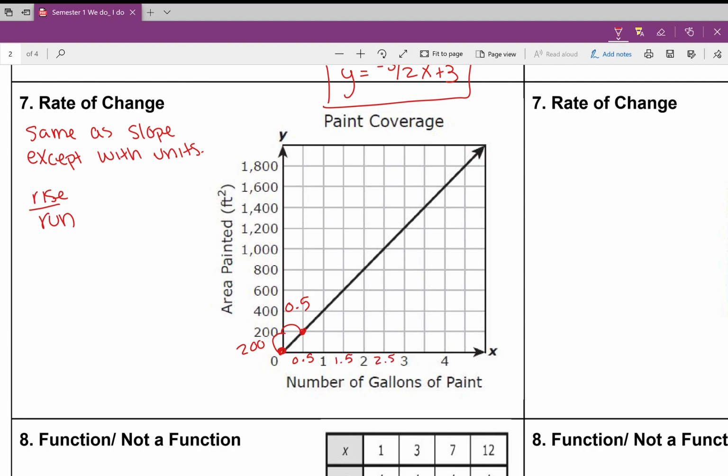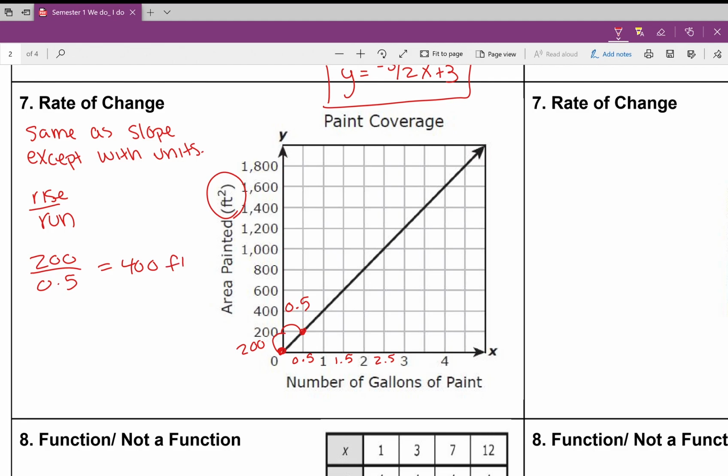So then we have rise over run, which is 200 over 0.5. If we type this into our calculator, we'll get 400. So 200 divided by 0.5 is 400. And then we just need to pay attention to our units. So rise, remember, is our y's, and our units on our y's are feet squared.